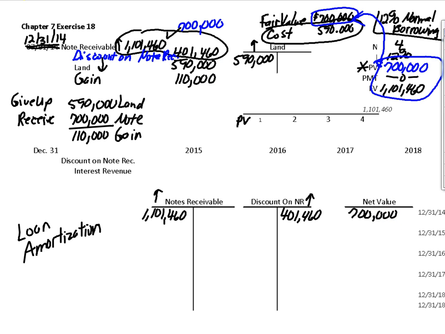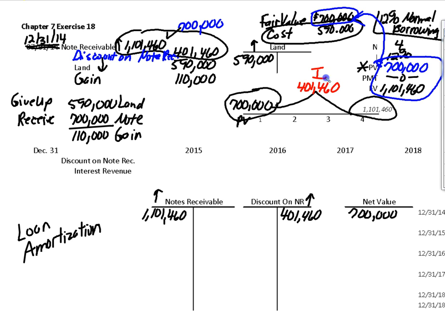Now let's also talk a little bit, what does this discount on notes receivable represent? Well, if we have a future value of $1,101,460 and a present value of $700,000, what's the difference in those two numbers? What is the difference between a present value and a future value? Well, if you recall from Chapter 6, the difference, that $401,460, is interest.